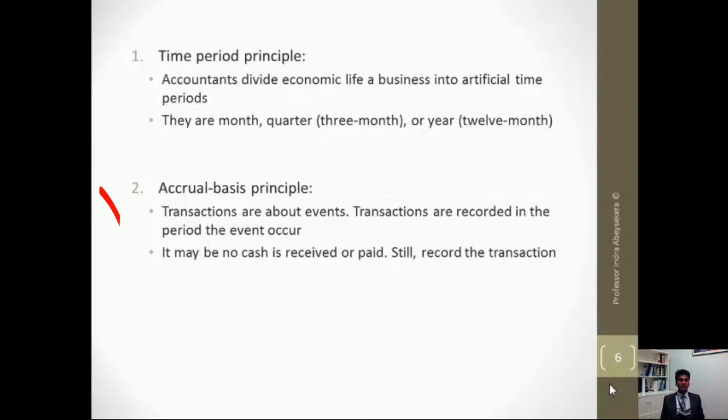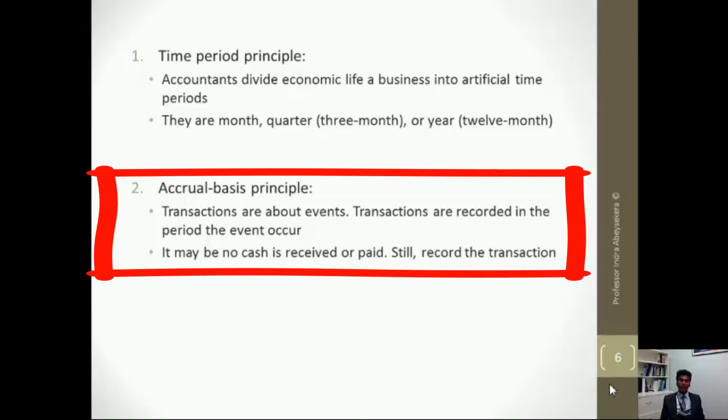The second principle is called the accrual basis principle. Transactions are recorded in the period the event occurs and not when the cash payment or the cash receipt occurs.